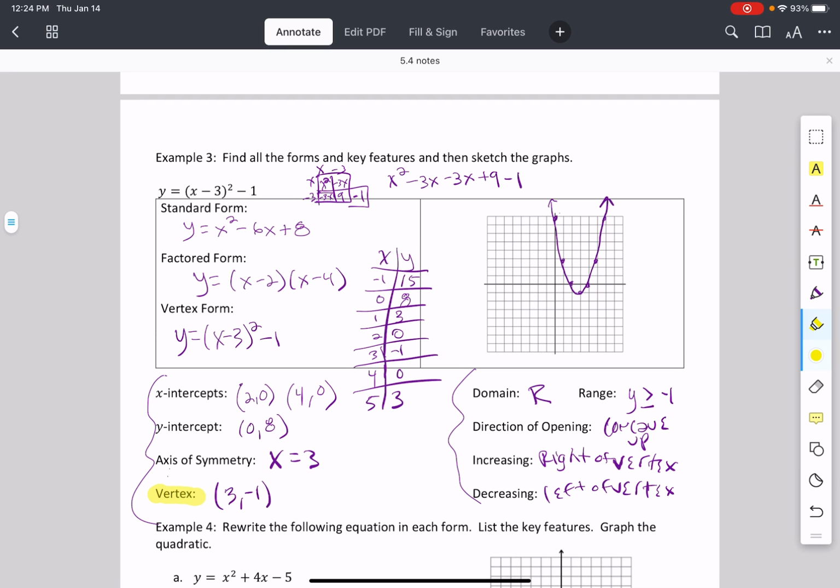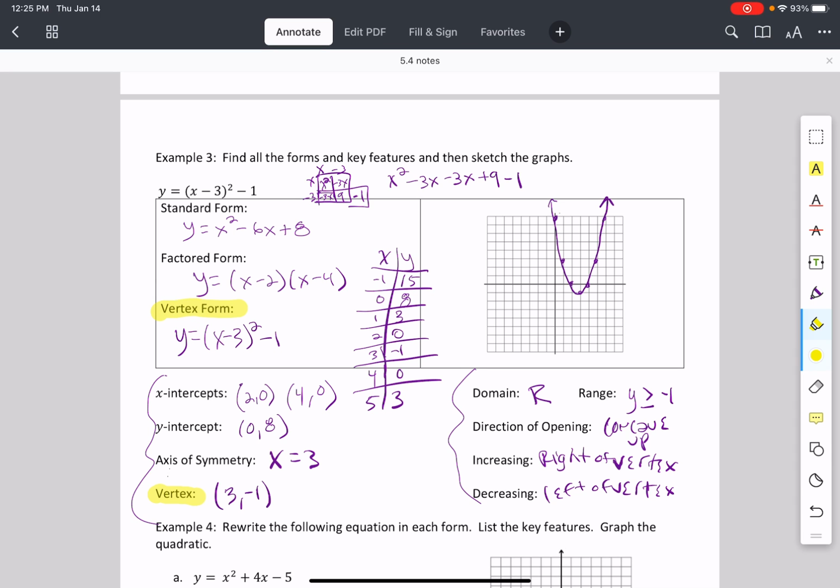Take a guess what form you think the vertex is probably going to come from. Nope. It's a good guess, though. I'll give you a hint. The form we're looking for gets its name from the vertex. What form do I get the vertex from? Vertex form.